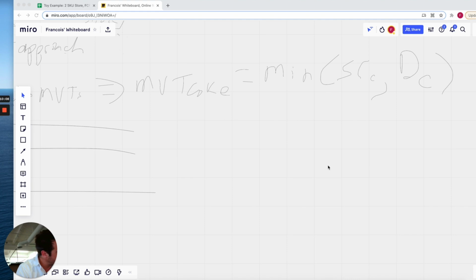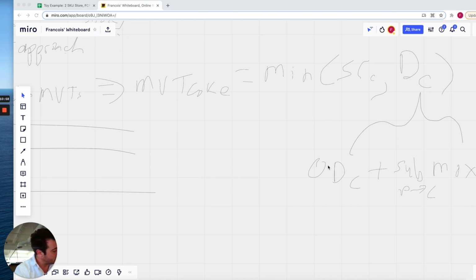And so the demand for Coke is the original demand for Coke plus my substitution rate, what percent of Pepsi customers are going to substitute from Pepsi to Coke, times how much demand there was for Pepsi originally, or unmet demand, let's say that, which would be, in this example, the maximum can't be negative, so the maximum of 0 and the demand of Pepsi minus the shelf capacity for Pepsi.